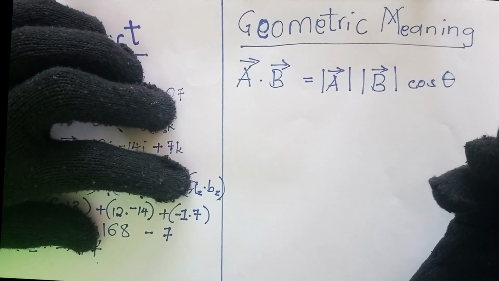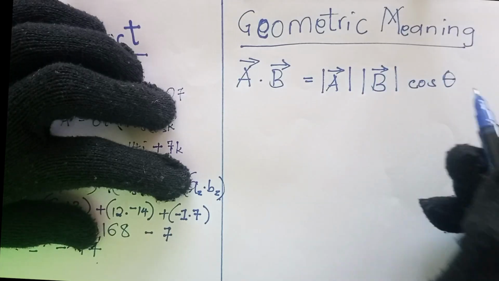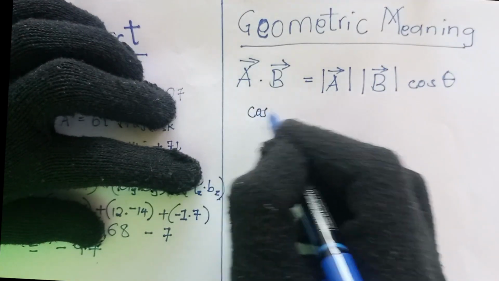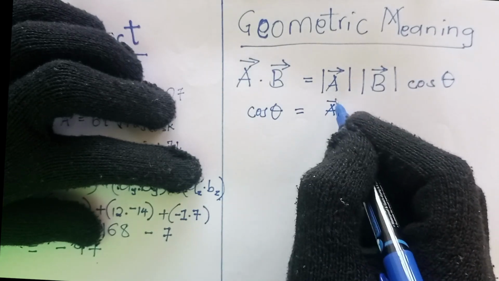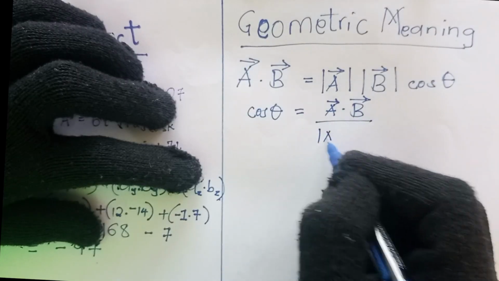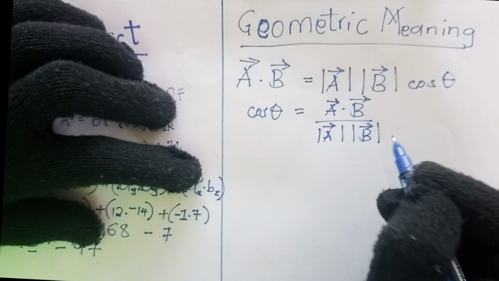And this can help us find the angle between these two vectors. For instance, the cos theta will be given by the vector A dot vector B over the magnitude of vector A times the magnitude of vector B.